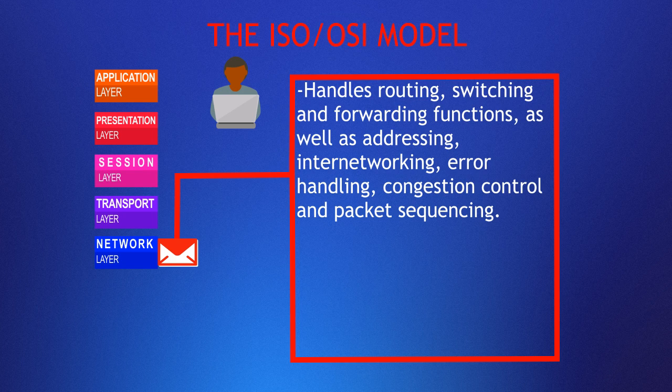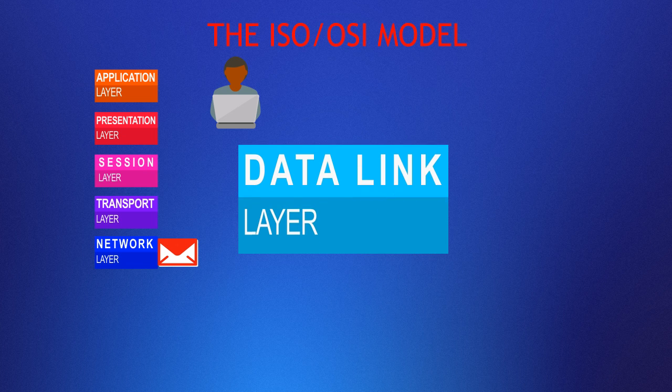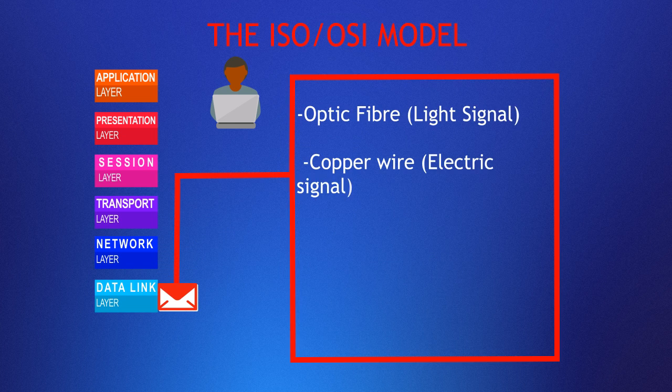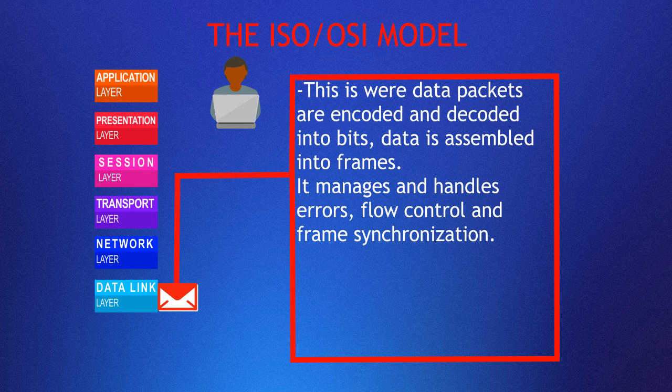Once the network layer has handled the transmission details across the network, we are now concerned with how the data will move across the physical transmission media that we have. The different transmission media that we have include optic fiber, copper wire, radio frequency, just to mention a few. The data link layer is responsible for handling the transmission details across the different media which we've just mentioned.